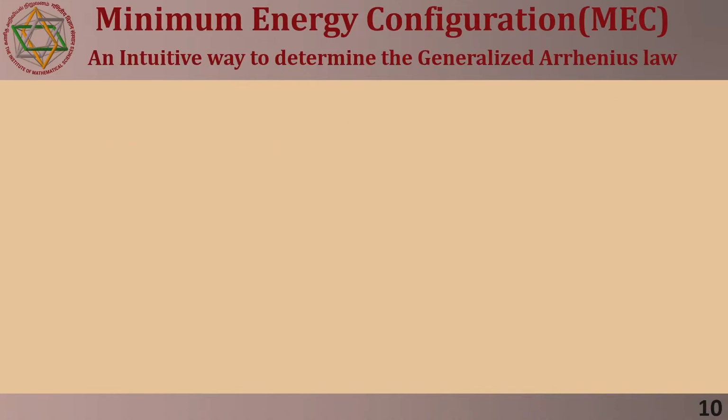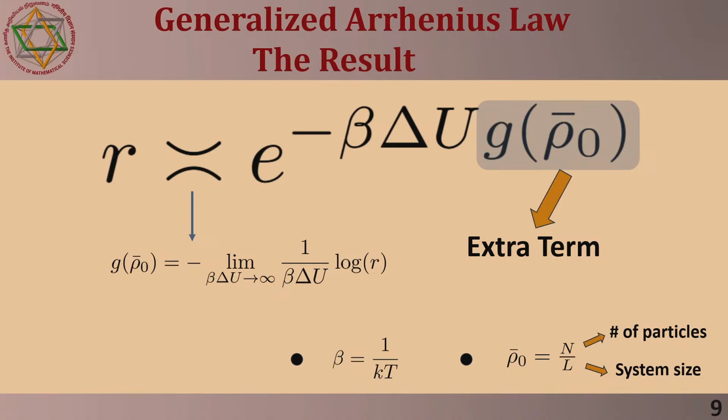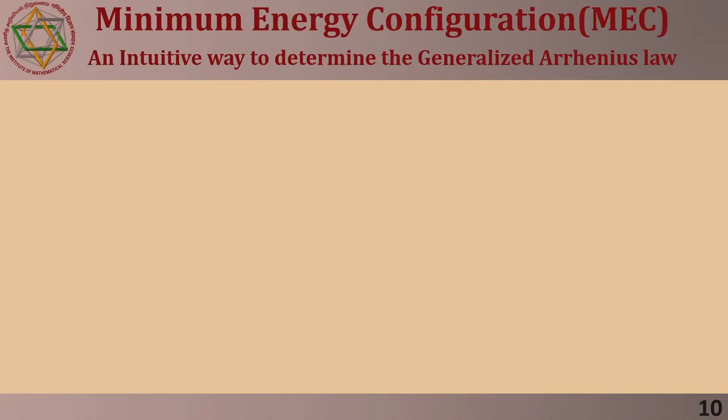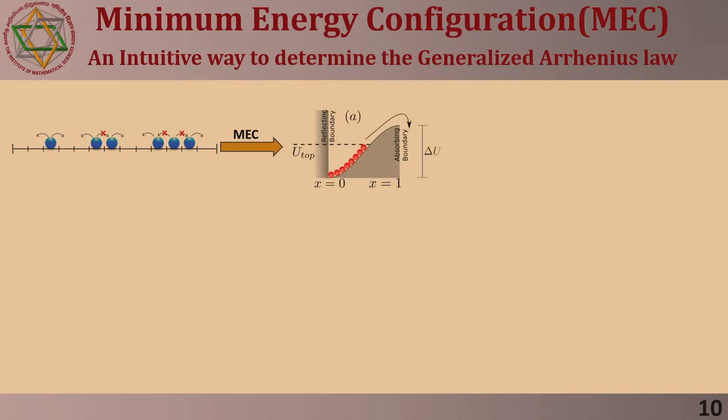I already said that we used macroscopic fluctuation theory to get the result of the generalized Arrhenius law. However, there is an intuitive way to understand the result, and the intuitive way corresponds to preparing the system in a minimum energy configuration. So let us consider a potential landscape which has its minimum at x equal to 0, and it increases monotonically, let us say.